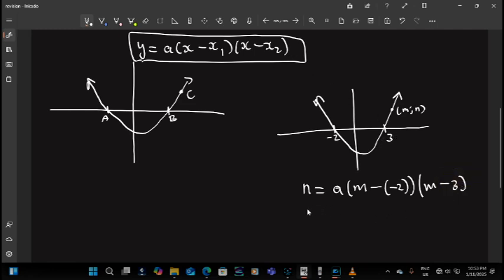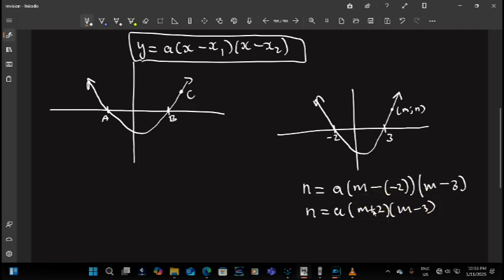All right, and then you'll have n is equal to a, and then whatever m would be, and you find yourself being able to solve for a. So for this case, we'll have m plus 2, m minus 3.